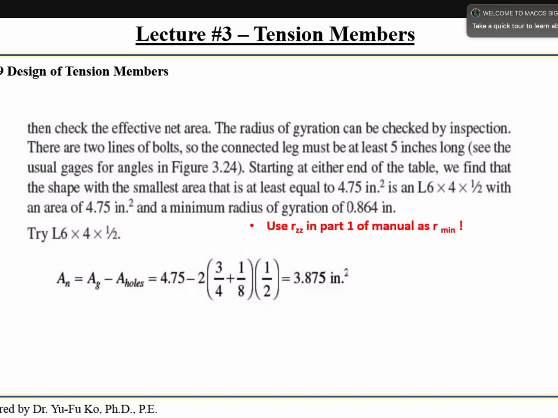If you already found it, part 1, go to angle 6x4 by half and tell me what you got. I need to explain further, but please go to that page before I explain. If you got there, put it on the chat, or you can just directly answer and let me know.